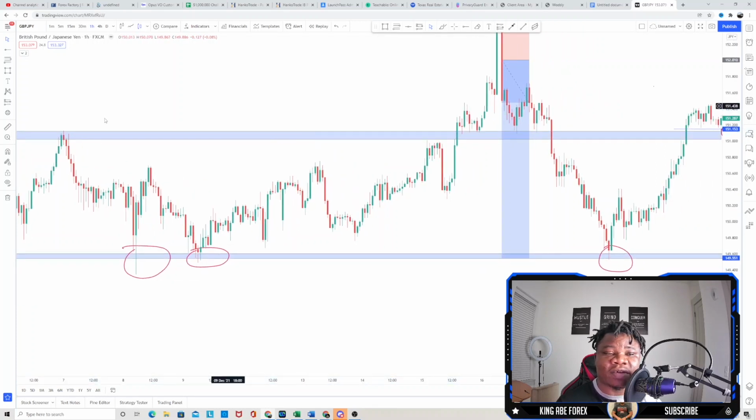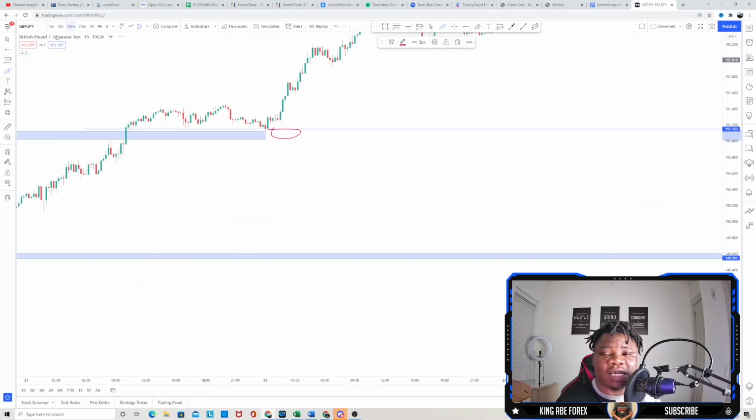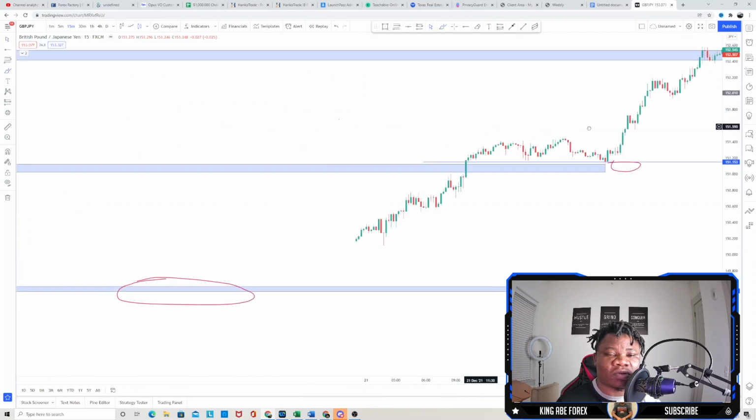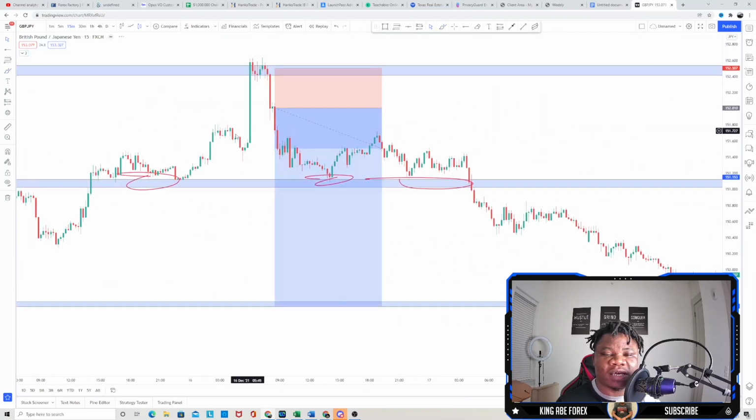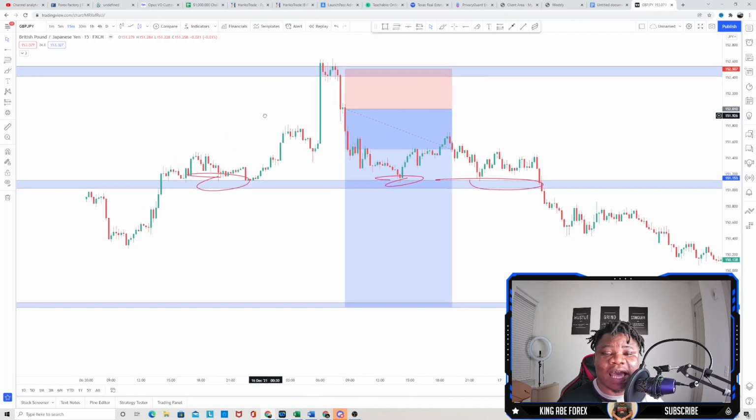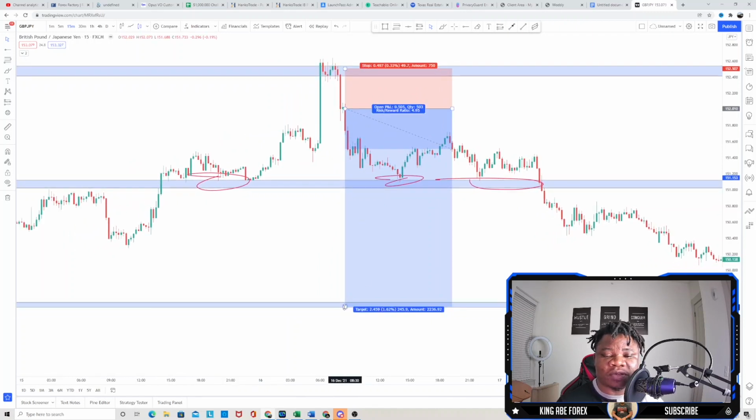So we have a high here, and we have a low over here because we had rejections. Now I have those zones. Now going back to the 15-minute time frame, I can have two take profits here.